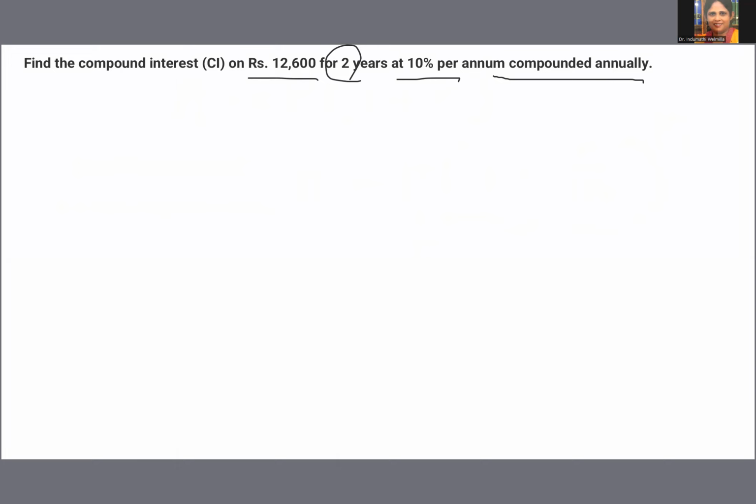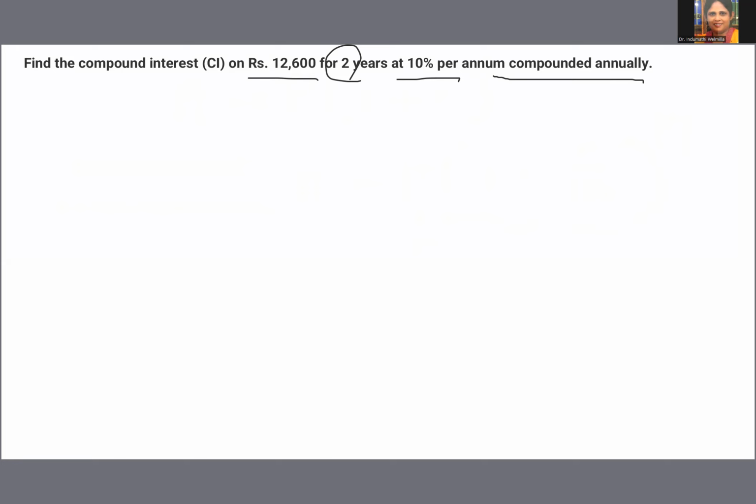So how can you compute the compound interest for this given value with the other information? Principal amount 12,600, interest rate 10%, number of years 2.